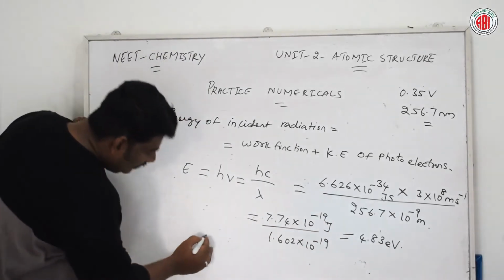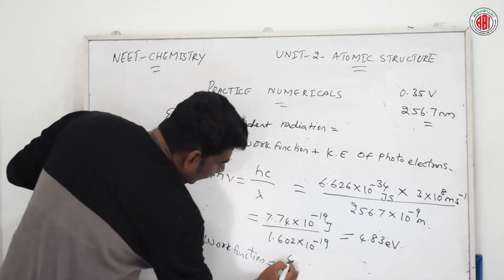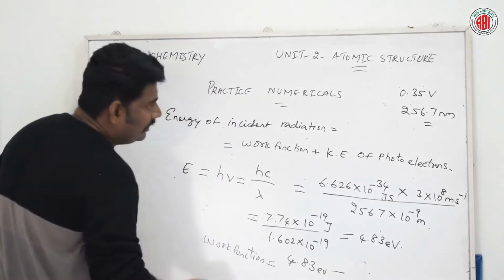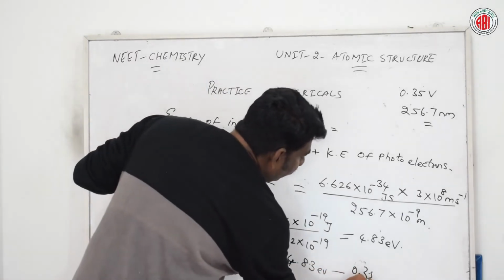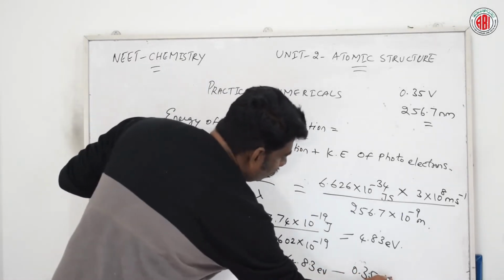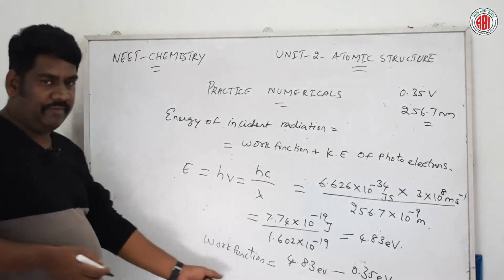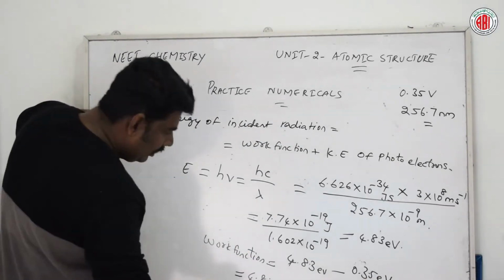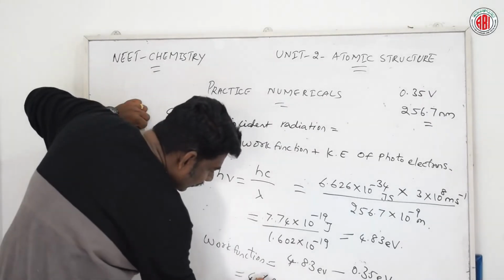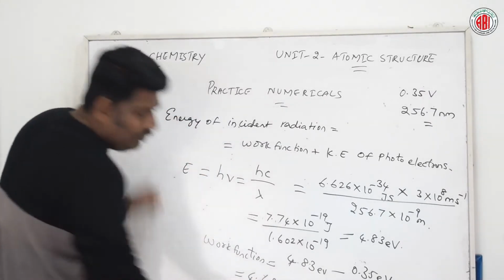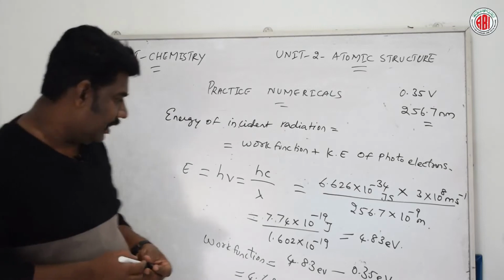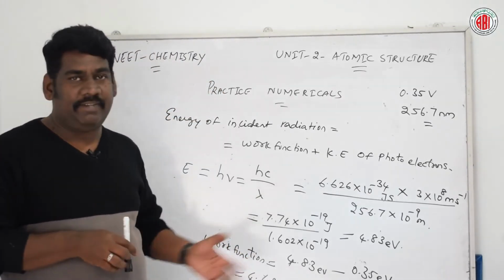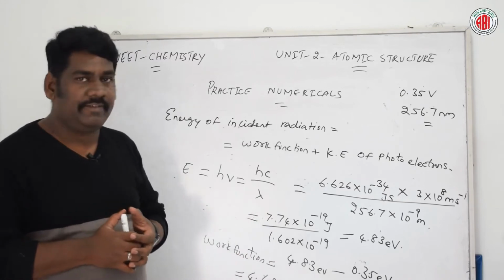Work function is equal to 4.83 electron volt minus 0.35 electron volt. If you subtract this we get the work function, that is 4.48 electron volt. So this way we can calculate the work function of the given question.